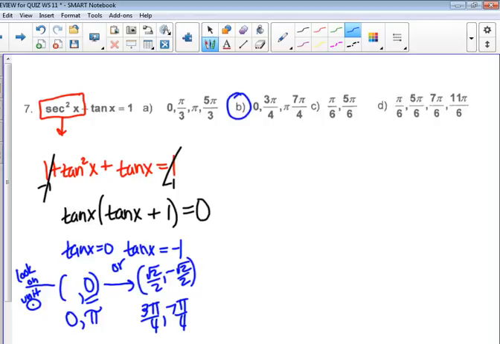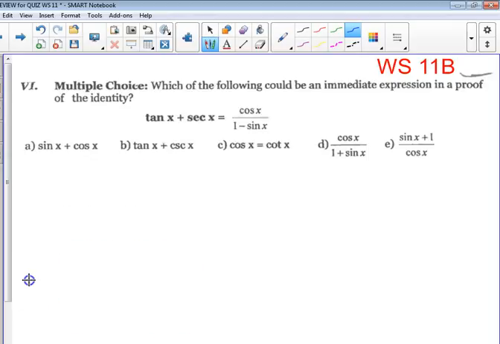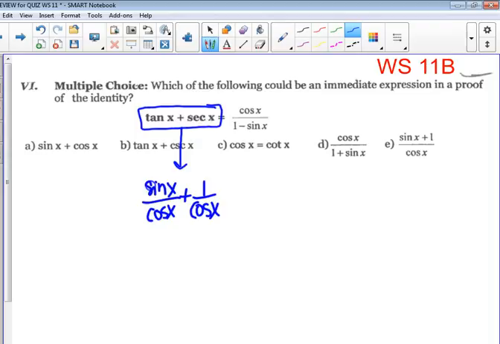All right. Multiple choice. Which of these could be in a proof of this? Okay. I don't ask a question like this on the quiz, I'll be honest. But if you started here, what might you do next? Okay, sine x over cosine x plus 1 over cosine, which has a common denominator, so you would get, which is choice.